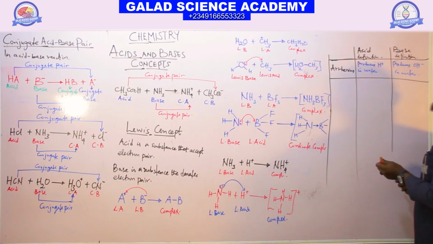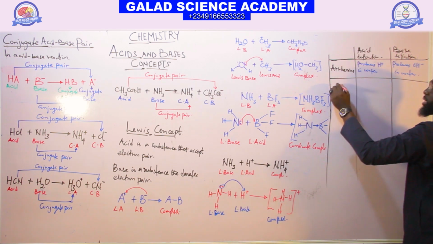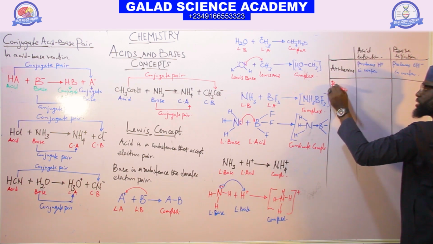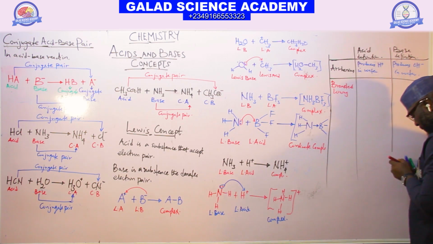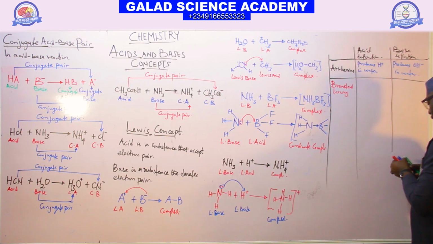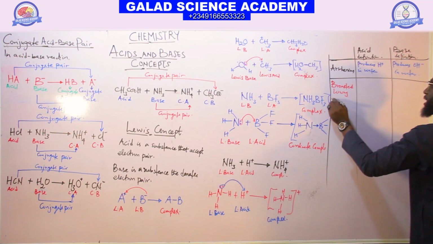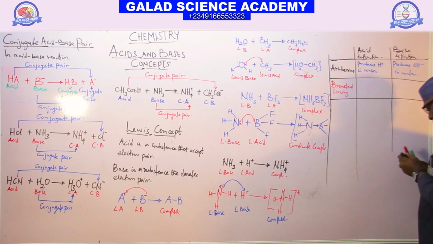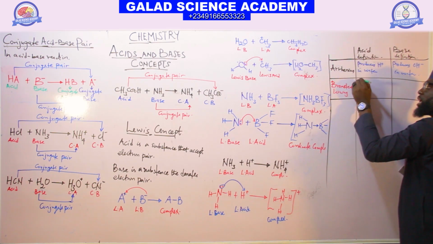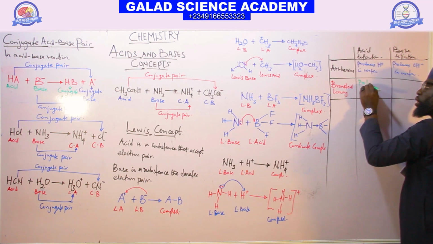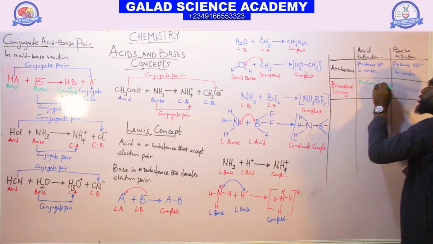The second scientist is Bronsted-Lowry, the concept. This Bronsted tells us that acid is a proton donor.